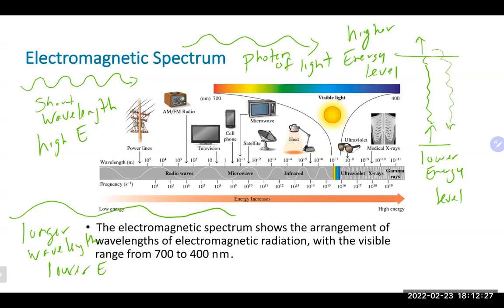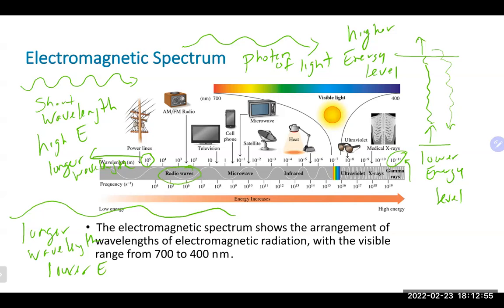So this is the electromagnetic spectrum. On this side of the spectrum here, we have a much longer wavelength. On this side, it's a much shorter wavelength. And in terms of energy, it increases as we go to the right on this scale. Over here on the left, we've got things like radio waves. We listen to the radio in the car, not too bad, right?